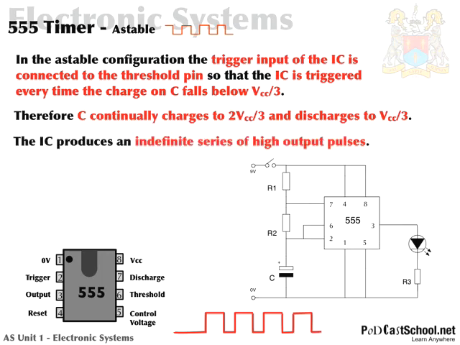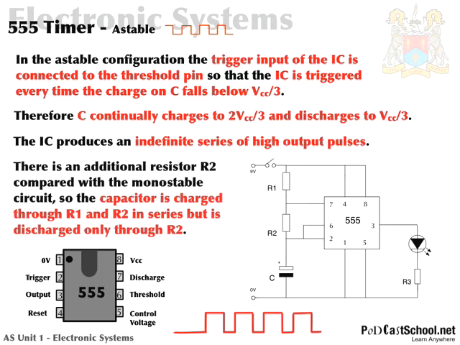I've said there that the 555 timer produces an indefinite series of high output pulses. Just for completeness, I'll read this out too. It says that there's an additional resistor R2 compared to the monostable circuit. So the capacitor, and this is important, is charged through R1 and R2.